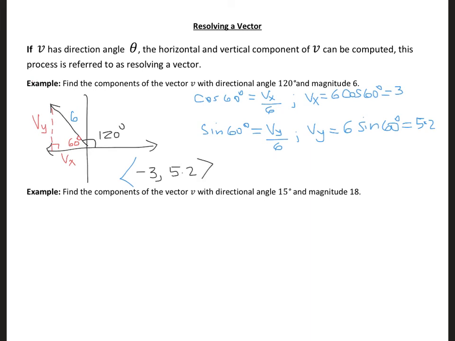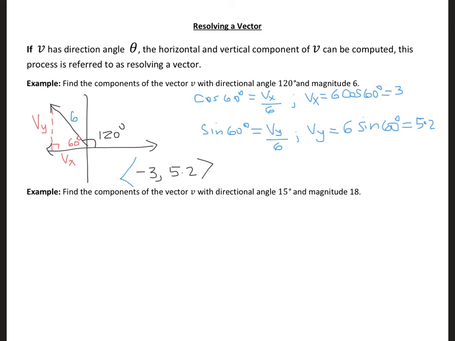So those are the components of that vector. Just note that this one shows positive because I didn't use 120 degrees. I used the reference angle here, which is 60 degrees, because I'm using this triangle. So I had to make sure it's negative because I can see this is the negative x-axis, but the height is still on the positive y-axis. So those are the components.